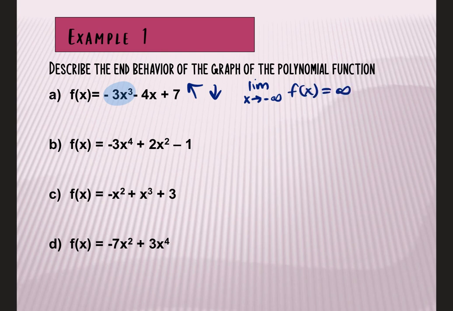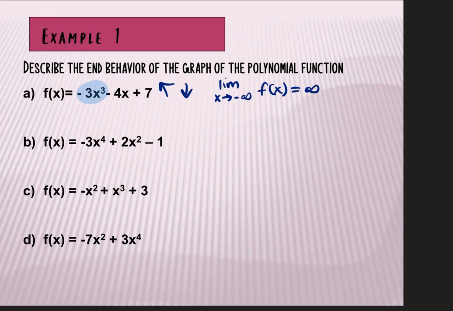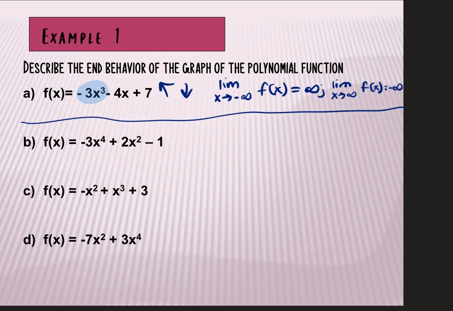Positive infinity. Good. As x is approaching positive infinity, f of x is approaching negative infinity. So you have to put both of them? Yes. It is end behavior, both sides.